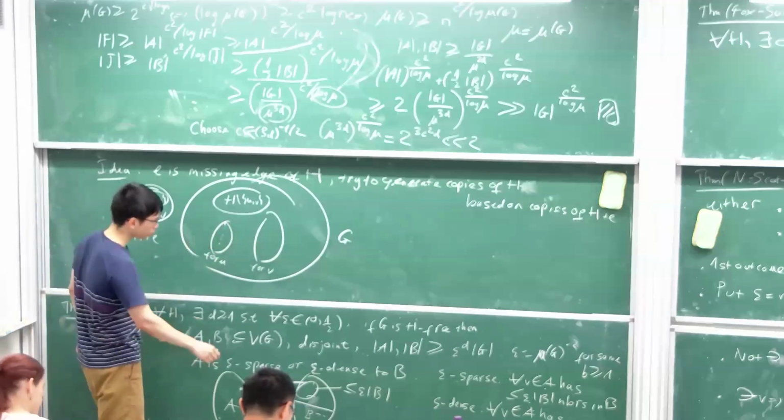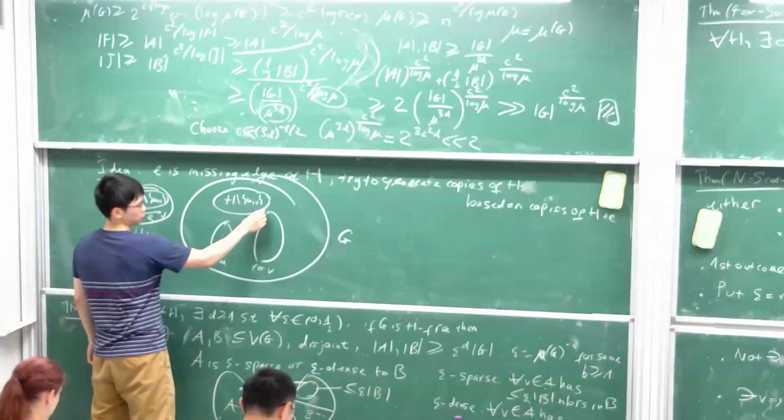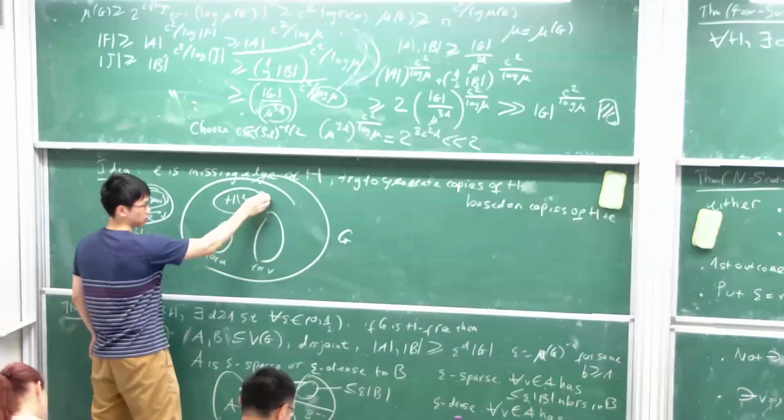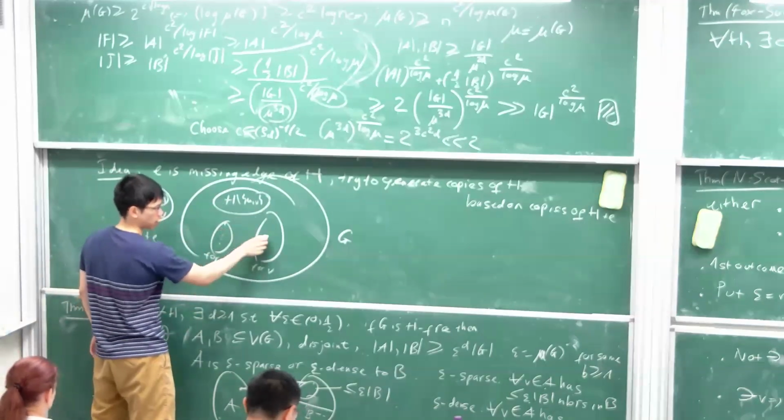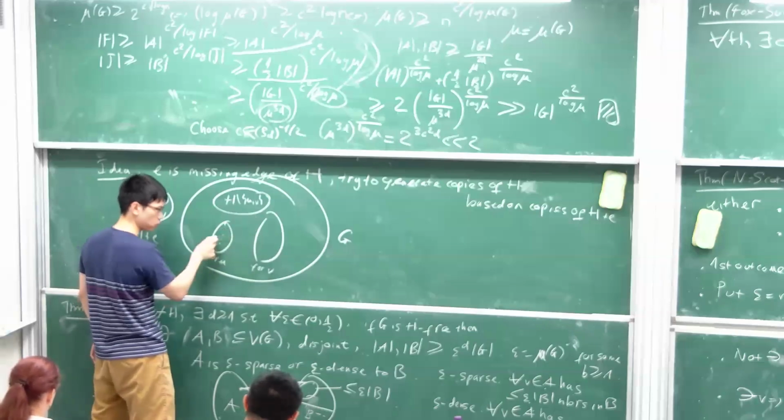Okay. So what this means, from the fact that this copy can be extended in many ways to H, is that there has to be a decent number of edges going between these two subsets.